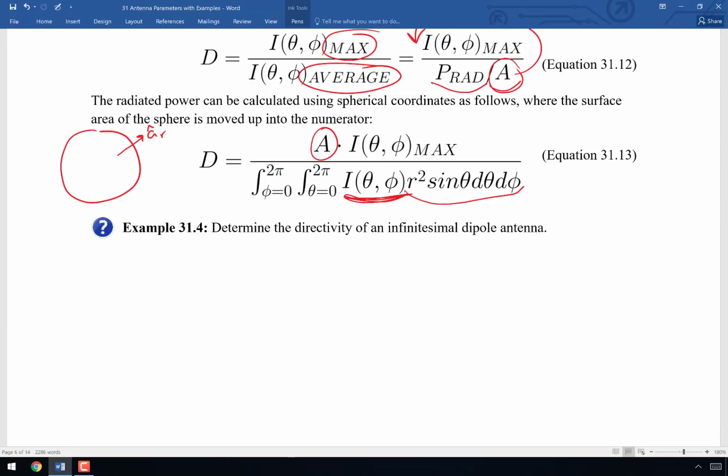So let's take a moment and do the infinitesimal dipole. We know that the average Poynting vector for an infinitesimal dipole is 1/2 Z sub 0 times k, times (I sub 0 L) squared, divided by 16 pi squared, and then 1 over r squared sine squared theta, in the a sub r direction.